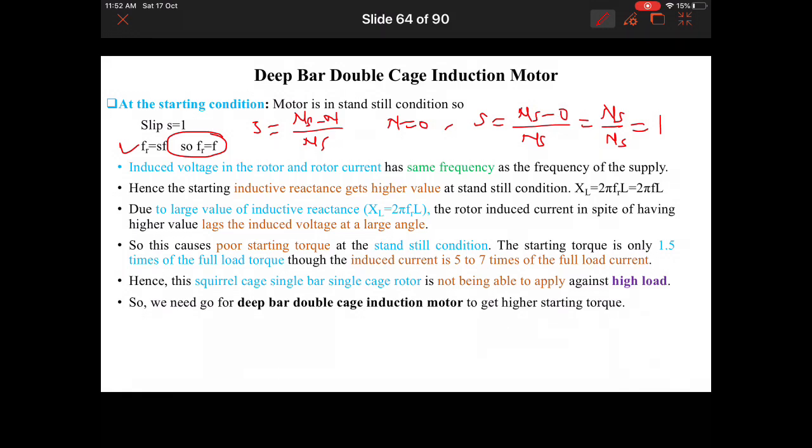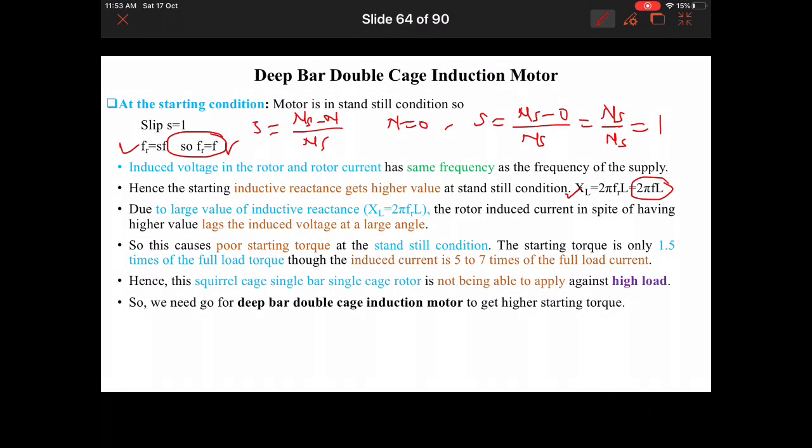Hence, the starting inductive reactance gets a higher value at standstill condition, because XL equals 2 pi f_r L. At starting f_r equals f. It means if the value of frequency is higher, inductive reactance will be high.